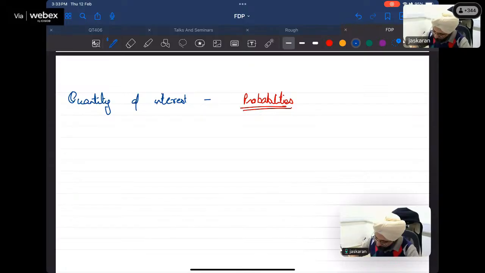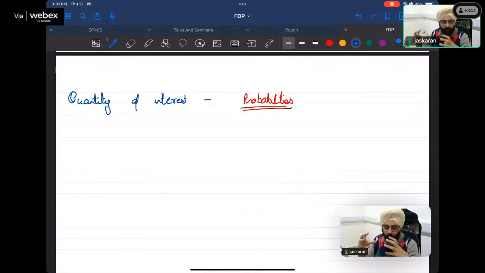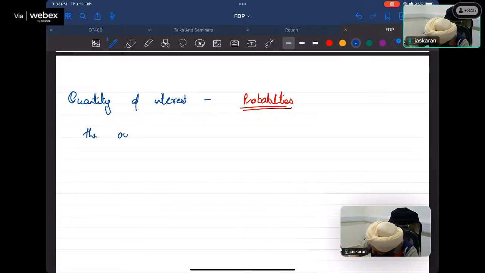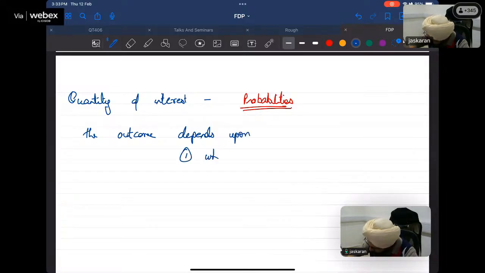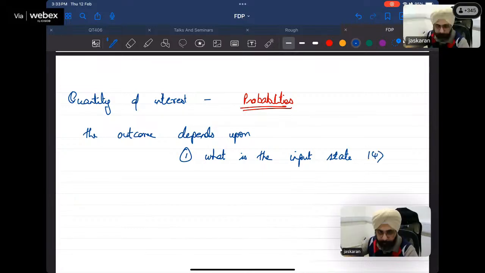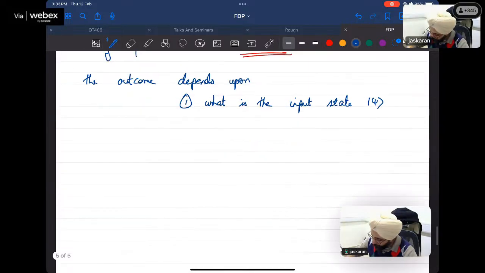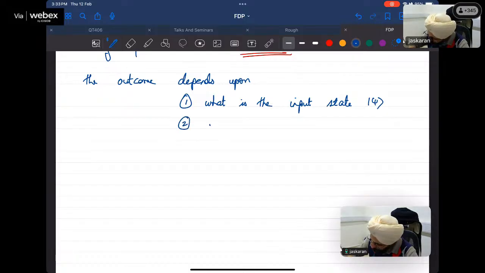So we know from the black box that we have developed, the outcome depends firstly upon the input state. And what was the setting chosen?